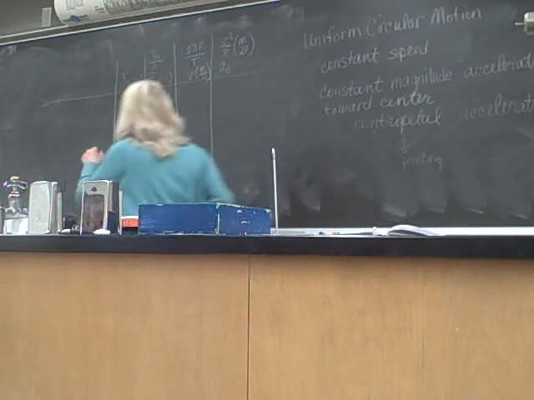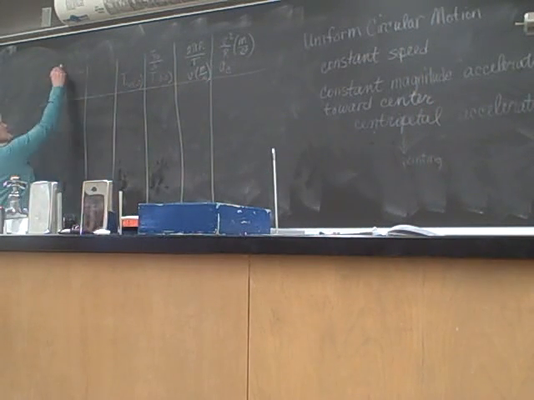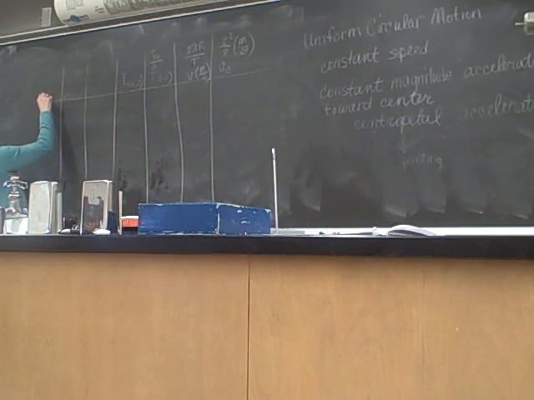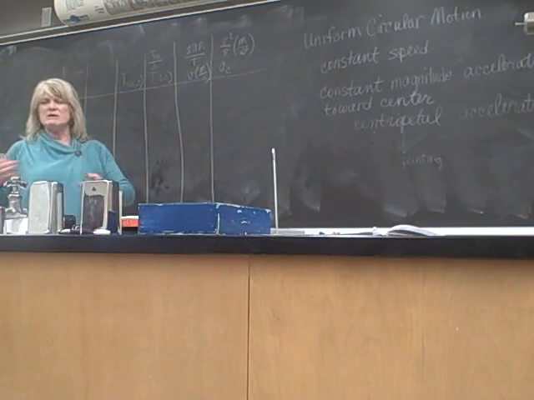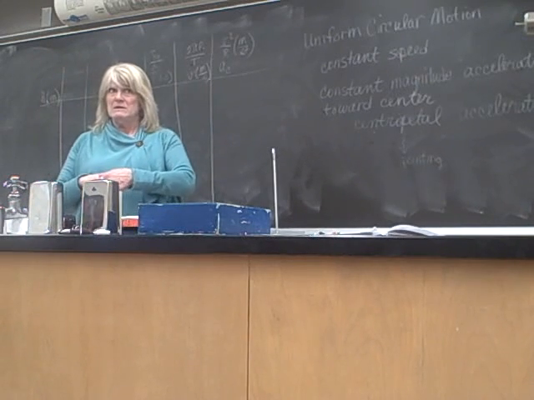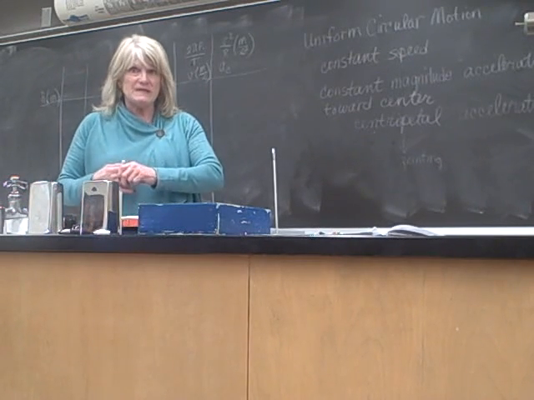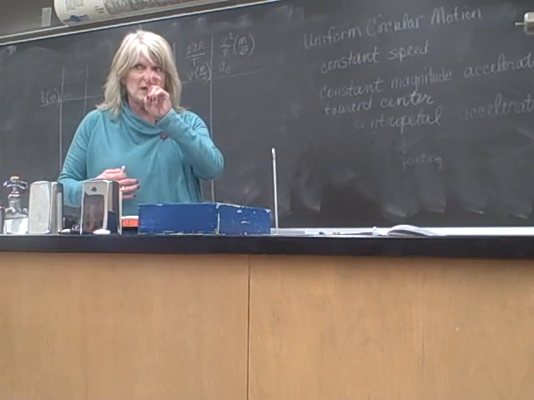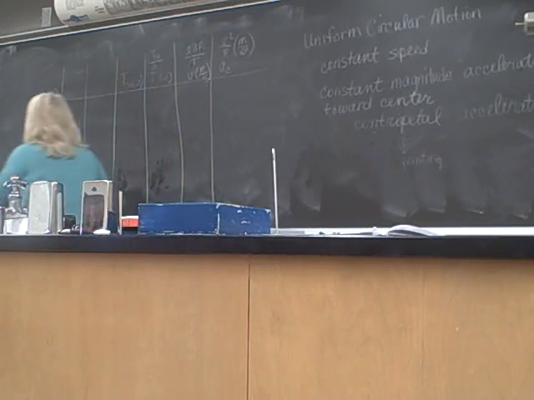So let's see. 1, 2. Here's radius. Now, you're probably going to measure the radius in centimeters and then convert to meters. How do you convert centimeters to meters? Move the decimal 2 places to the left. Okay?